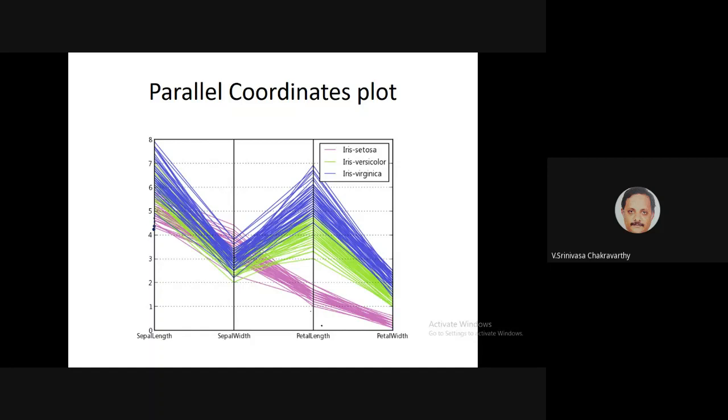So on the whole, petal length and petal width give you more discrimination, but sepal length and sepal width are not that discriminative, because for both versicolor and virginica, the sepal width and sepal length are very similar. All those things you can simply read out of this one figure, although the data is 4-dimensional. Using this innovative kind of visualization, you can distinguish the 3 classes.